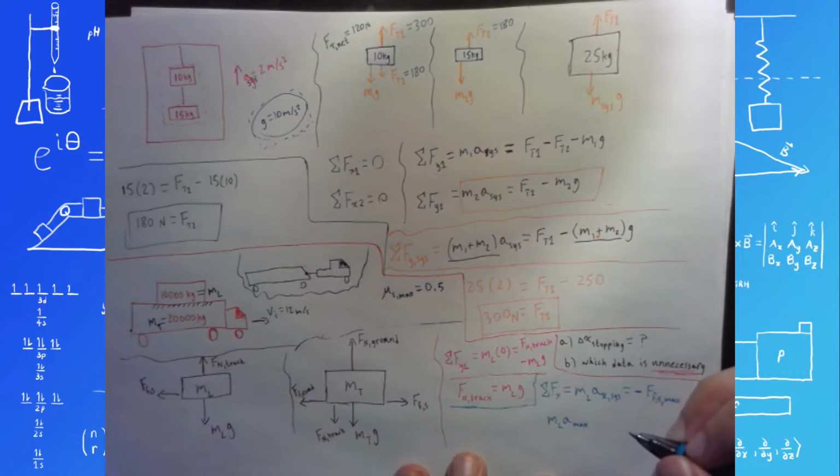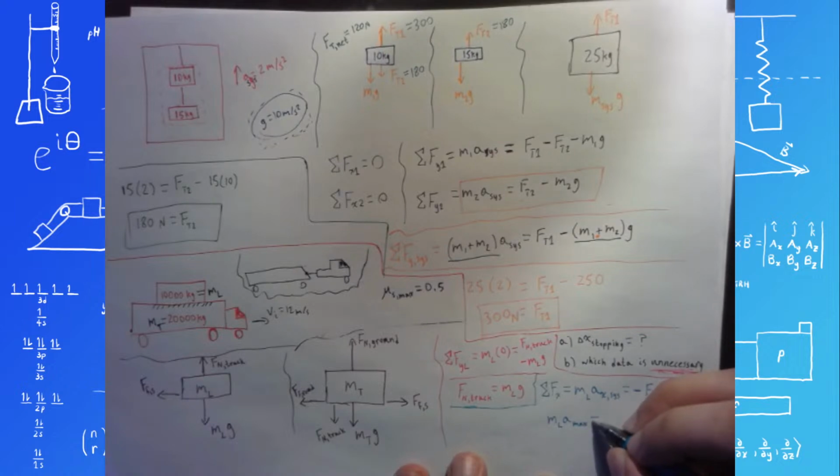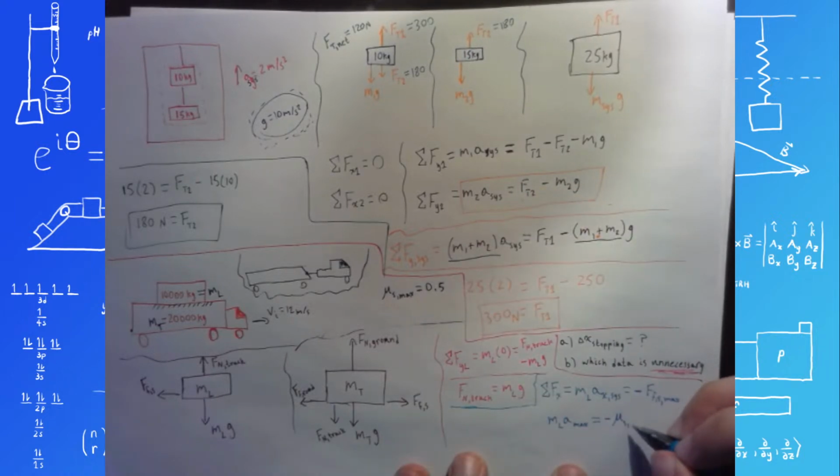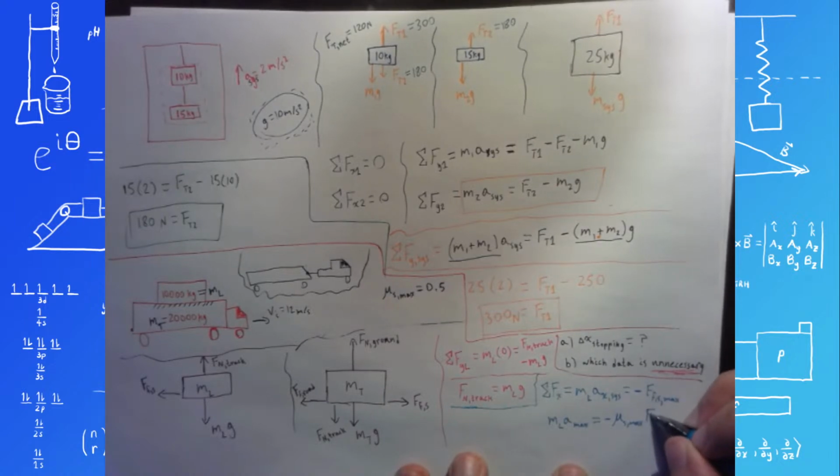I'm beginning to regret this. I'll change the name back to acceleration x of the system. Equals minus coefficient of maximum static friction times the normal force.